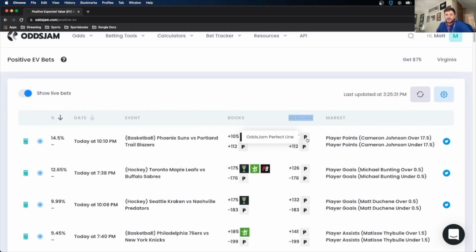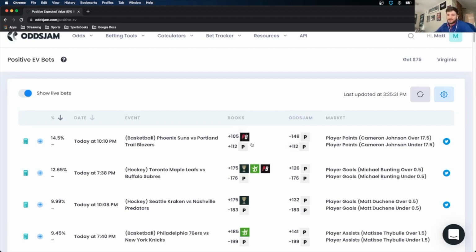It's the sharpest tool out there. It gives the true line of what the market should be, and then it provides examples of when you are getting better odds on a sportsbook. So that is how positive EV is calculated. So the OddsJam perfect line, we deem it to be the true line, whatever you want to call it. We consider this to be what the actual line on a market should be.